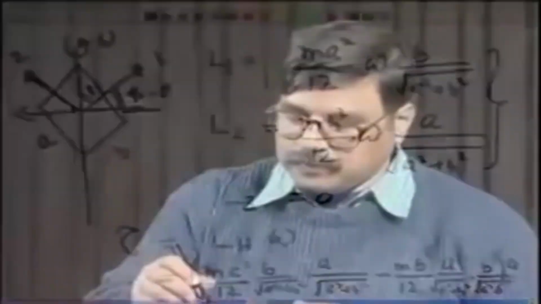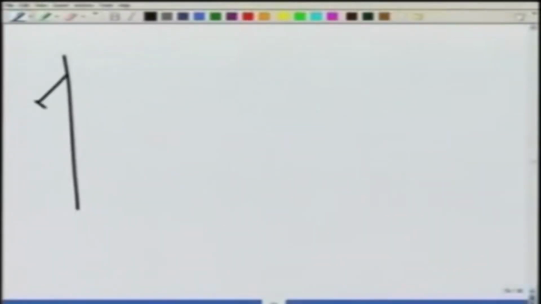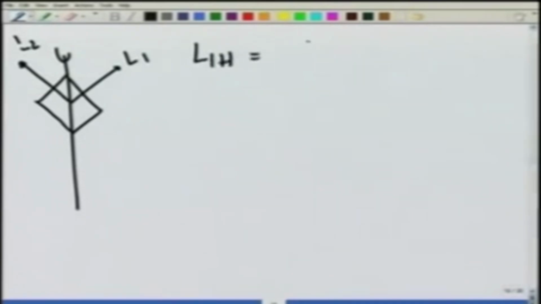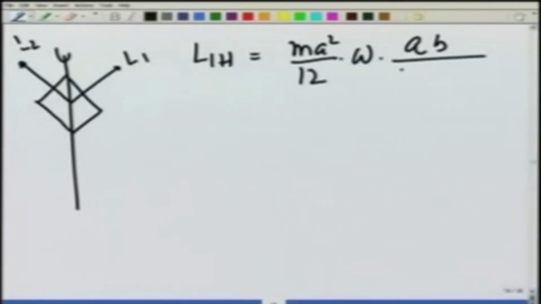Let me rewrite it. So, I have this body, this is L1, L2. L1 horizontal component is m a square over 12 omega sine theta cosine theta, which I can now write as ab over a square plus b square.